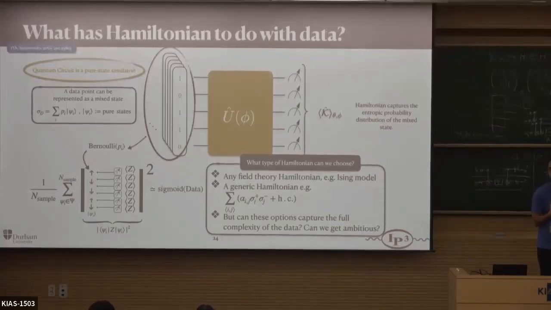I don't know a priori if my data is just locally correlated or if there are long range interactions in it. So what I can do is have a very free Hamiltonian matrix and optimize the entire thing to learn a Hamiltonian that captures the entropic probability distribution.